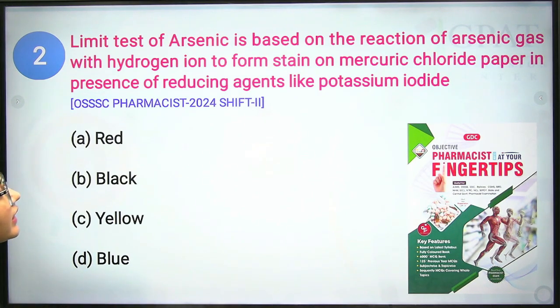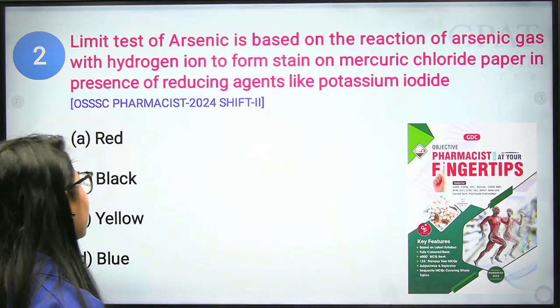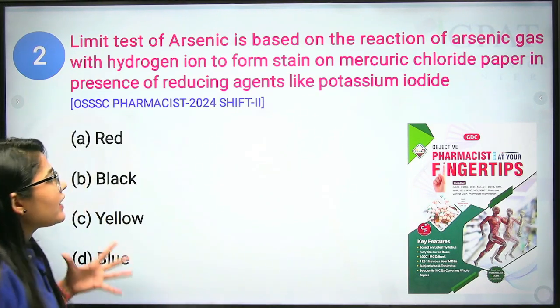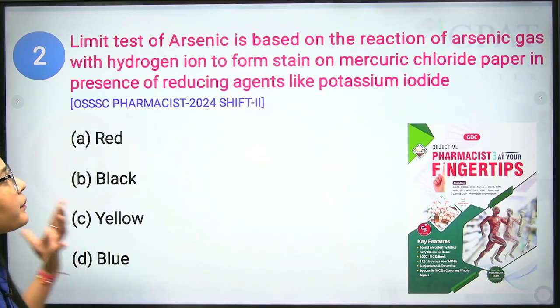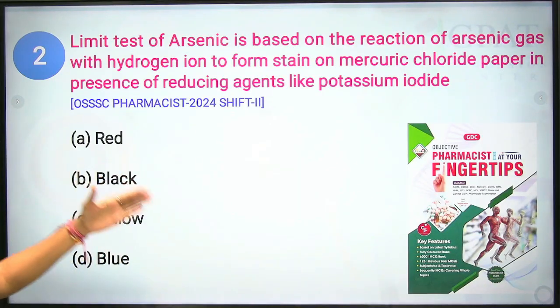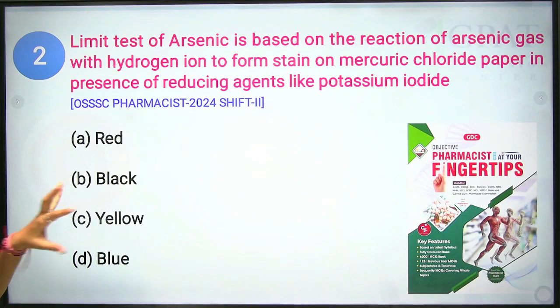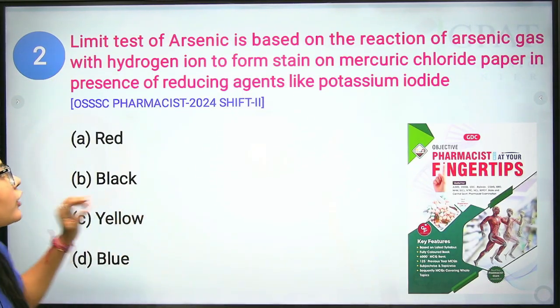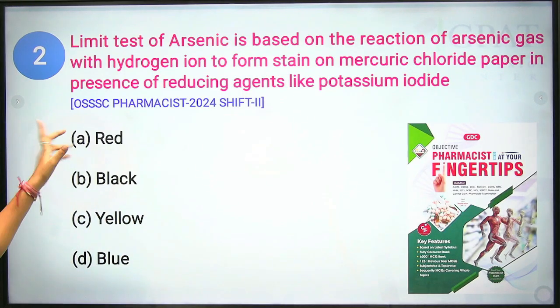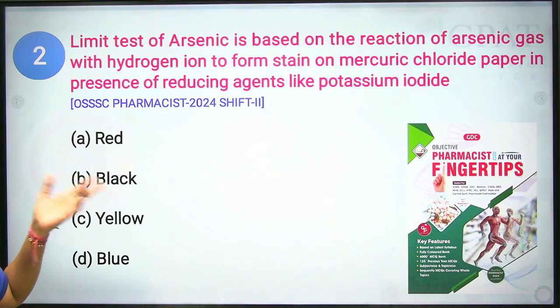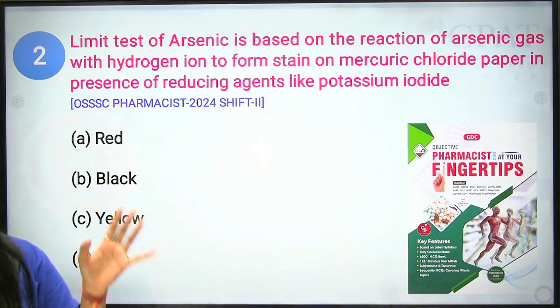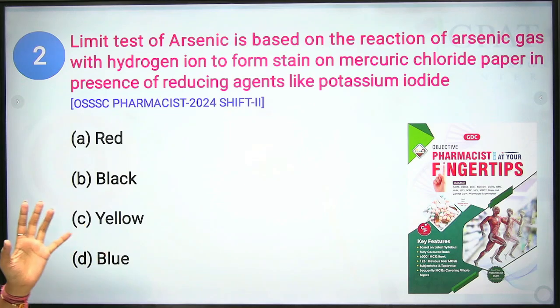Now, the limit test of arsenic is based on the reaction of arsenic gas with hydrogen ion to form a stain on mercuric chloride paper in presence of reducing agents like potassium iodide. So what will be the stain produced when the arsenic gas reacts on mercuric chloride paper? This is a previous year question from the Pharmacist 2024, second shift paper.